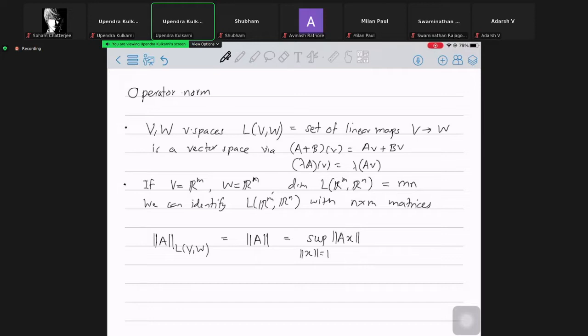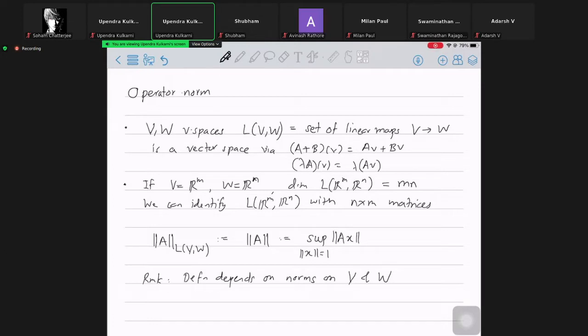So remarks. The definition depends on the chosen norms on V and W. But then there are a couple of other obvious questions.